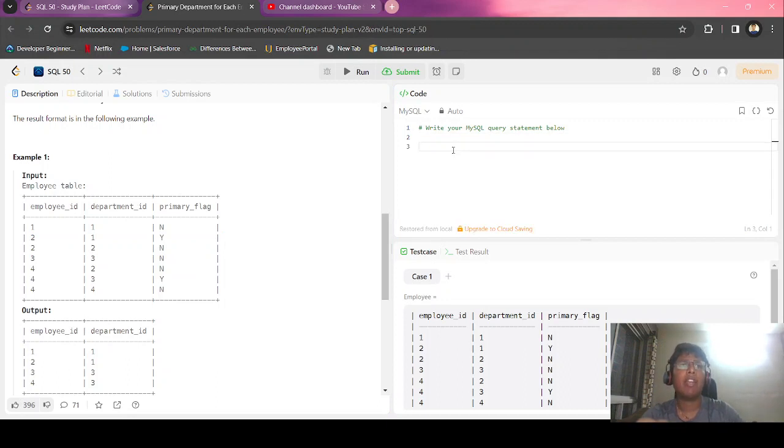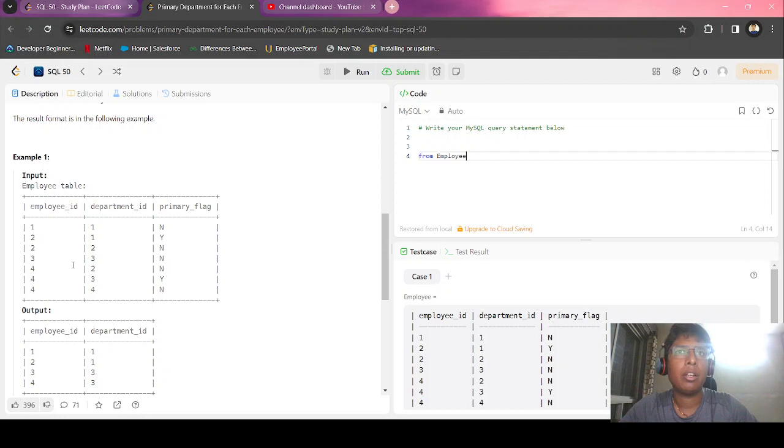Now first let us find, in a simple scenario where every primary department would be Y and every non-primary department would be N, how can we find the employee with their primary department? It would be select, not breaking my coding pattern, from employee.